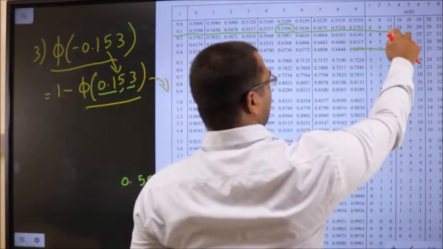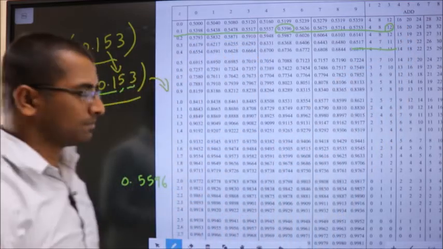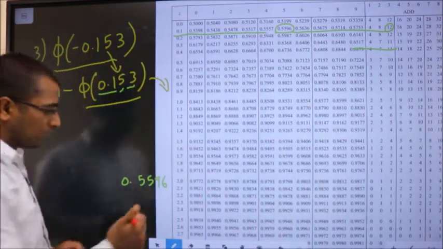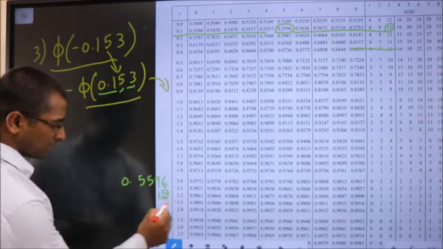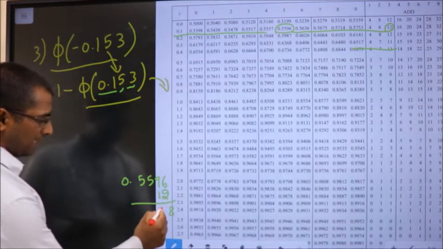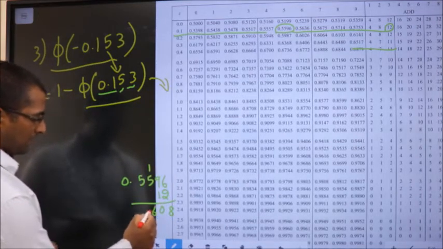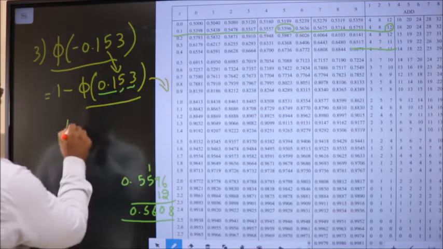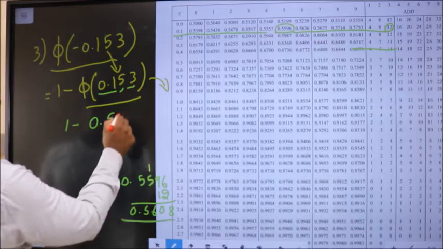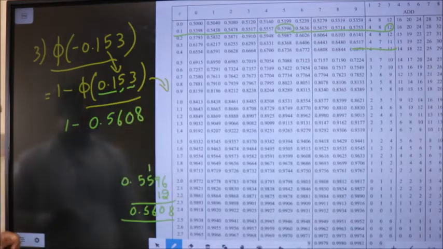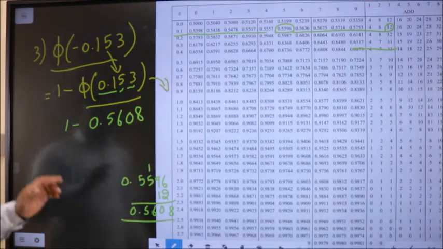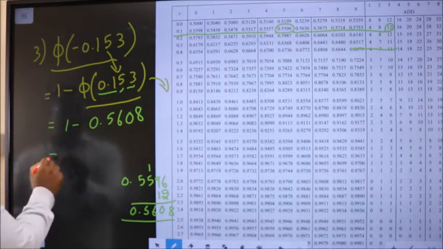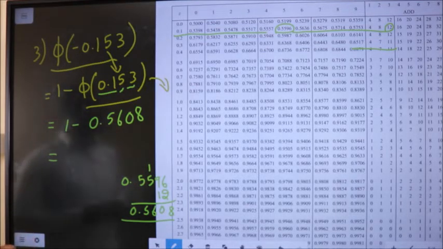At 3, I have a number 12. You should add that 12 to the last digits. So 6 plus 2, 8, 10, 6, 5. So this answer is 0.5608.